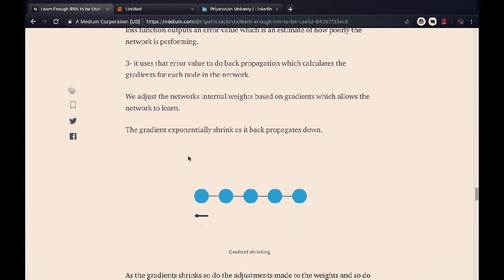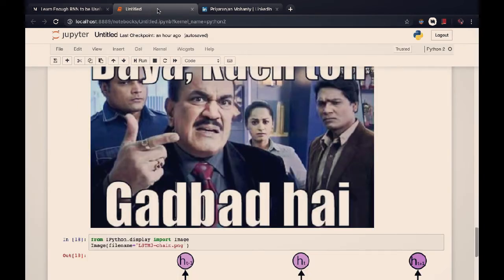So as the gradient shrinks, so do the adjustments made to the weights, since depending upon the gradient only we make the adjustment to the weights, and so does the learning of the earlier layers. What basically it means is that due to back propagation, when the gradient moves toward the earlier layers, the gradient value decreases.